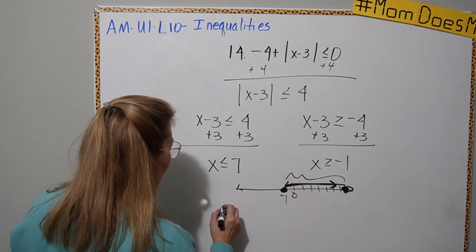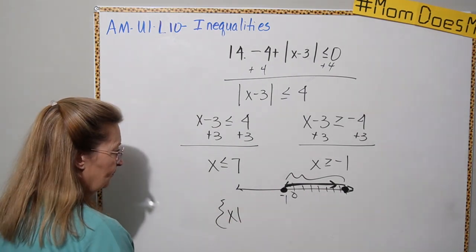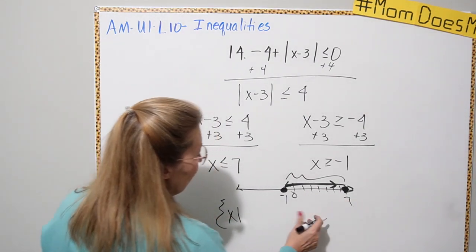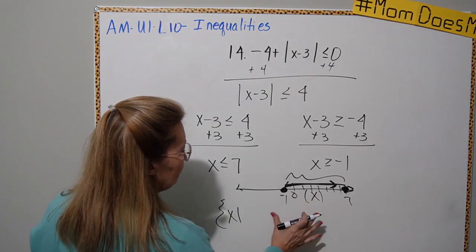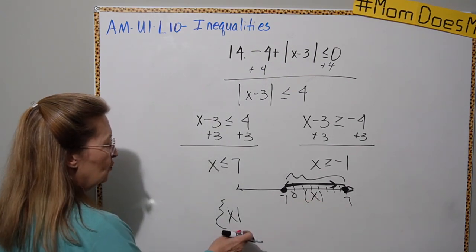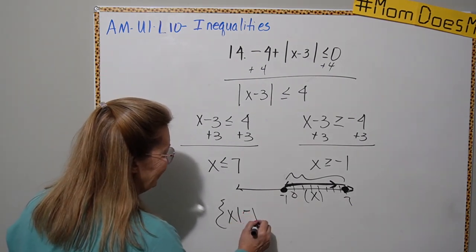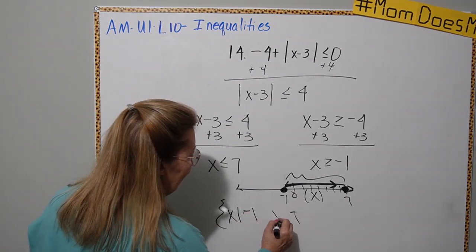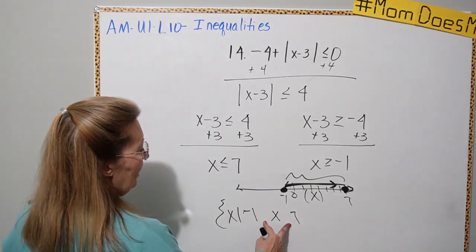All right, so for our set notation, x such that. Now, since you have this graph here, your x's are the numbers in between here. So when you write your set notation, these numbers are going to be at the end, and x is going to be in the middle. So now you got to figure out what signs go here.